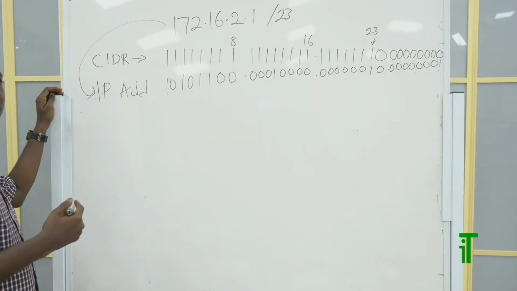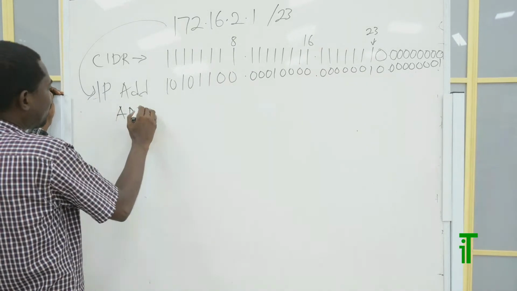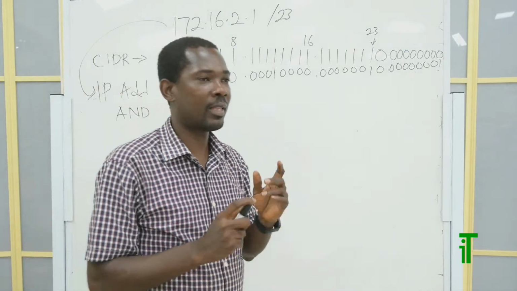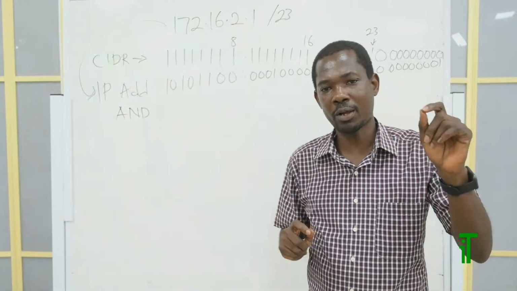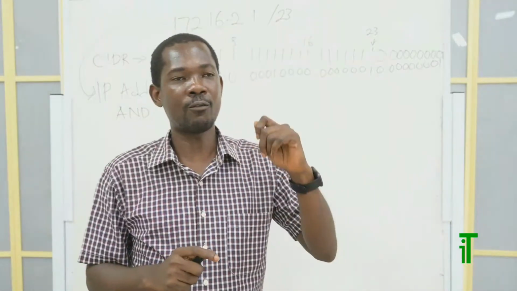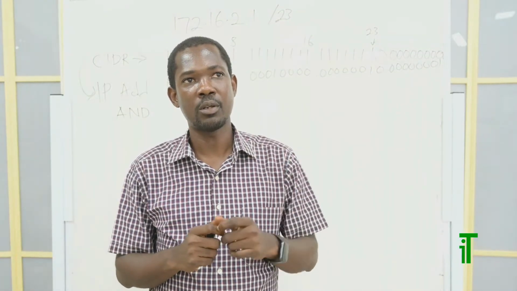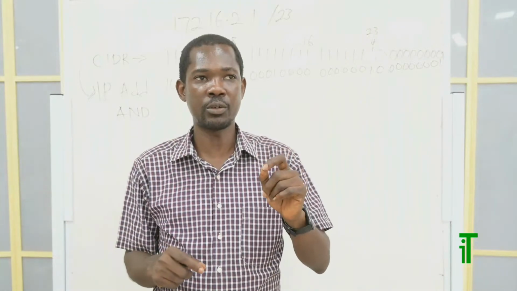And for us to get the network, we are going to use the AND operator. This is how the AND works: if you have 1 and 1, you have 1. If you have 0 and 1, you have 0. If you have 1 and 0, you have 0. If you have 0 and 0, you have 0.